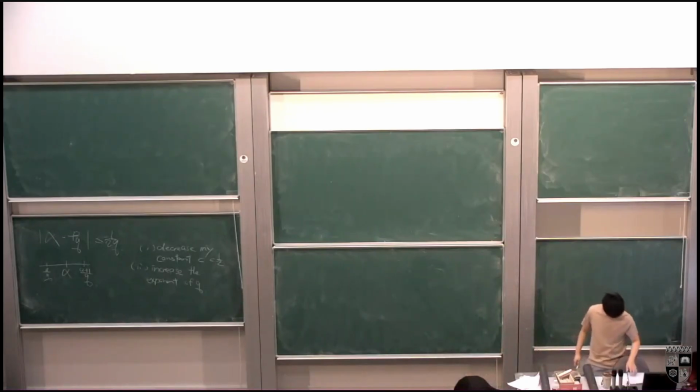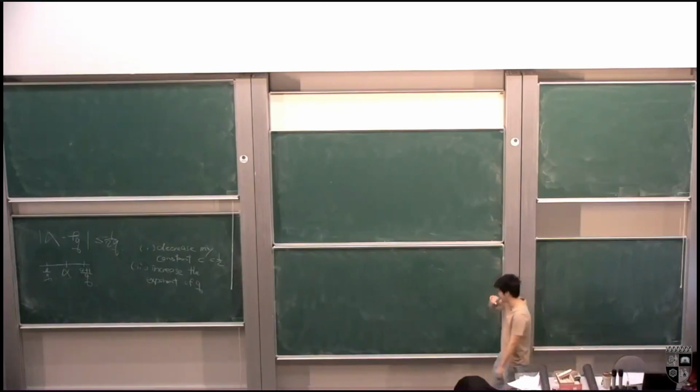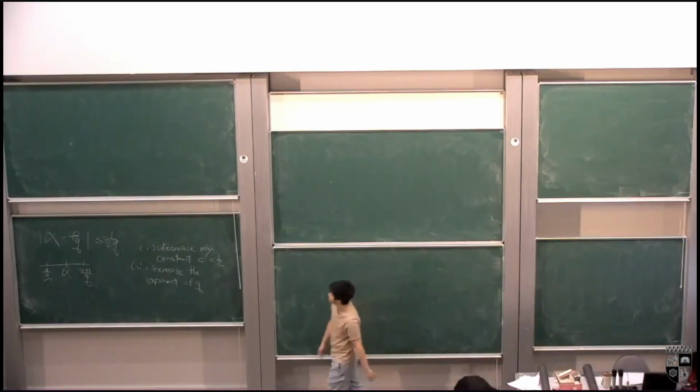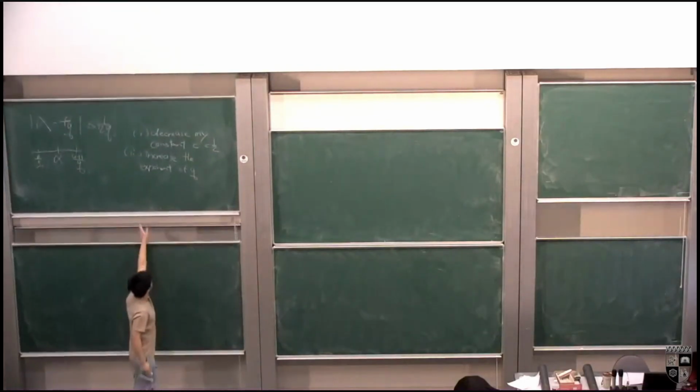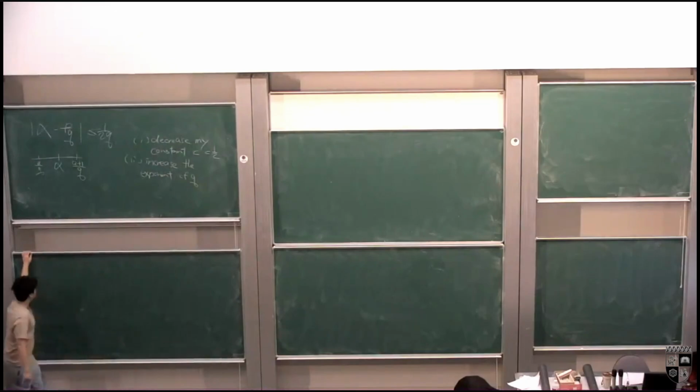Just to give a definition, I'm not going to write it down because it's really long. F of n is the Farey sequence of order n, and it's the ordered list of all irreducible fractions with denominator less than or equal to n. It's quite a mouthful, so I'll give some examples.